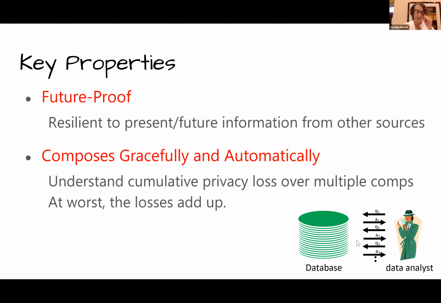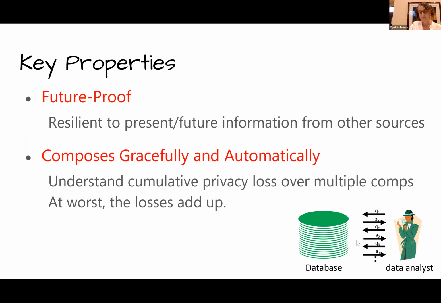We'll say a little bit more about that later. So if you run an epsilon1 differentially private algorithm on the database and release the result, and then you run an epsilon2 differentially private algorithm on the same data and release that result, the cumulative privacy loss is bounded by epsilon1 plus epsilon2.